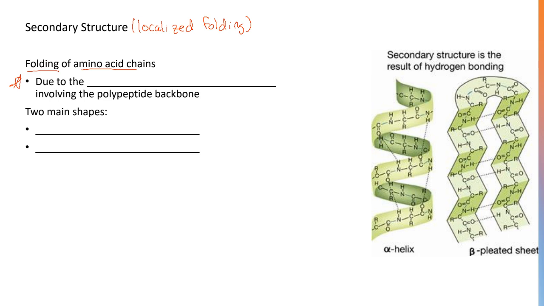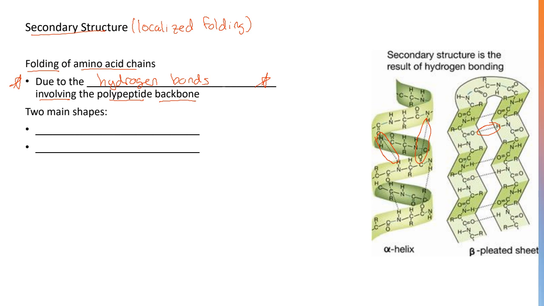Hydrogen bonds involving the polypeptide backbone. So remember that the secondary structure is based on hydrogen bonds. And that's what you get to see, for example, here. Okay, all of these are hydrogen bonds.